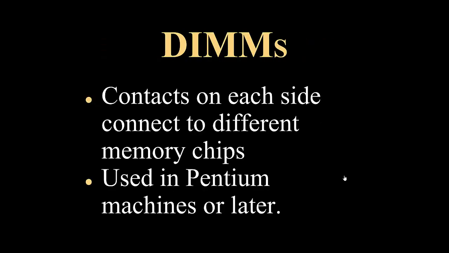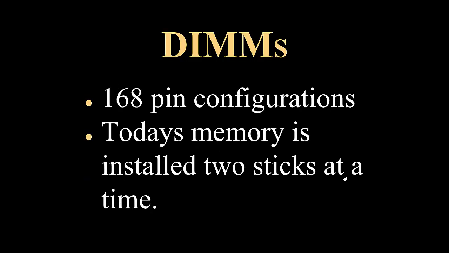If you look at the number of contacts, there are contacts on each side of the card, and they're connected to the memory chips. And DIMMs have been around for a long time, starting with Pentium machines or later. DIMMs have typically 168 pins. When I say pins, I really mean contacts. And again, there's 84 on one side and 84 on the other.